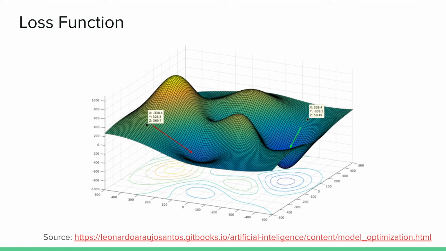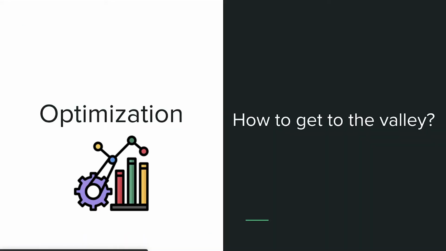So that is our loss, and that is our loss function. And if you visualize it, it becomes sort of a landscape that we're navigating through, which is a very important thing to remember for the third part of what we need to train a machine to do something useful, which is the optimization.